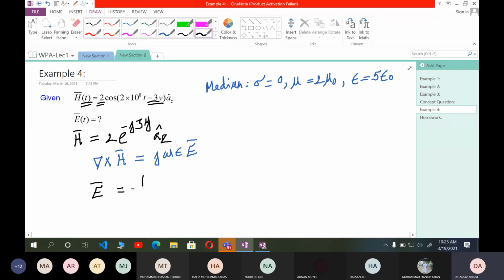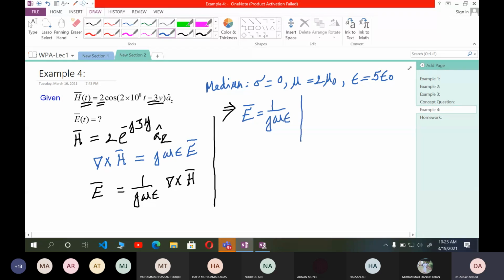I will write it as 1 by j omega epsilon and curl of H. And curl of H, let's say I come here, then I can also write E is equal to 1 by j omega epsilon.